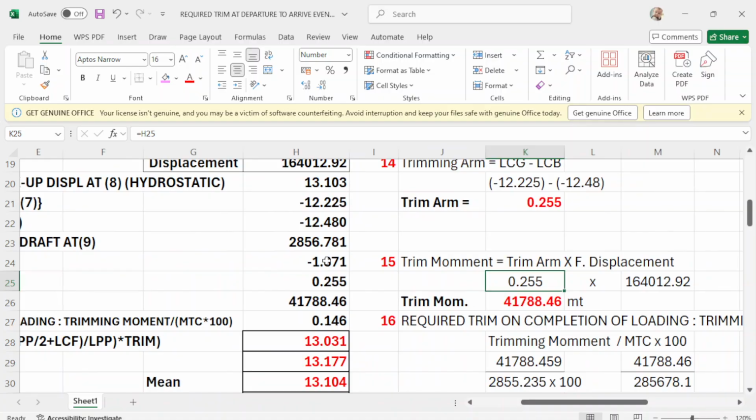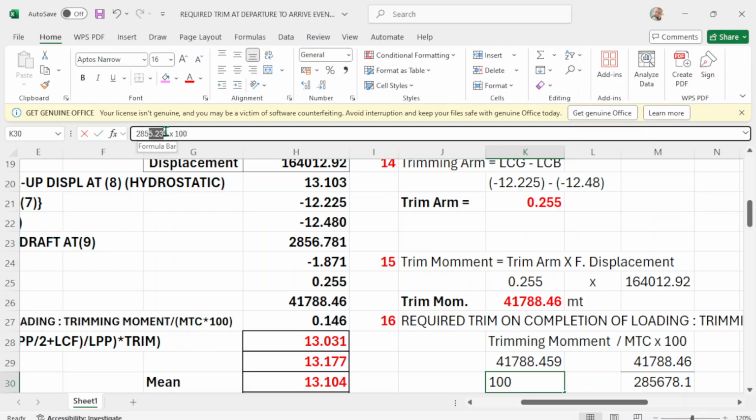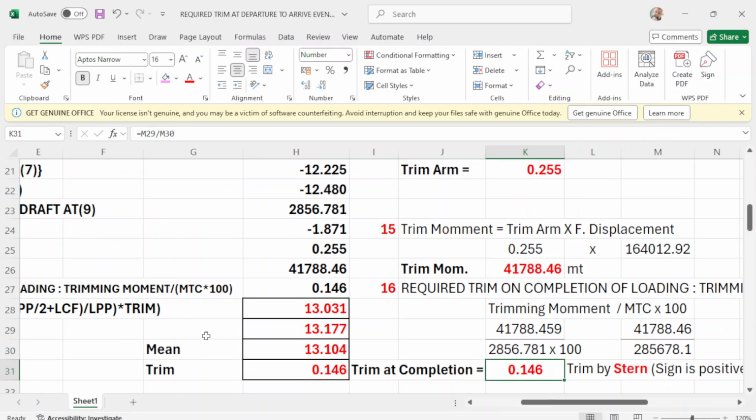It is 2856.781. Okay, times 100. So multiply this one.